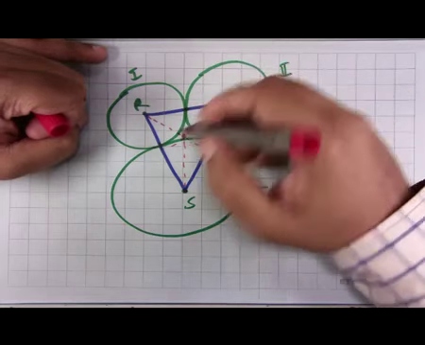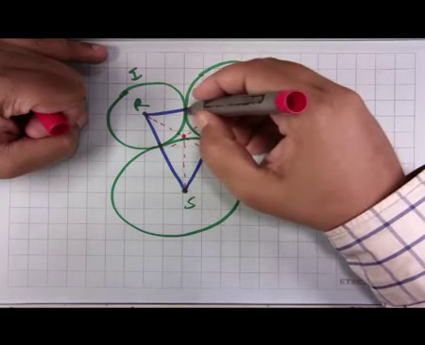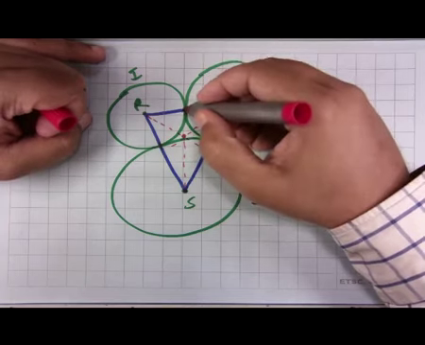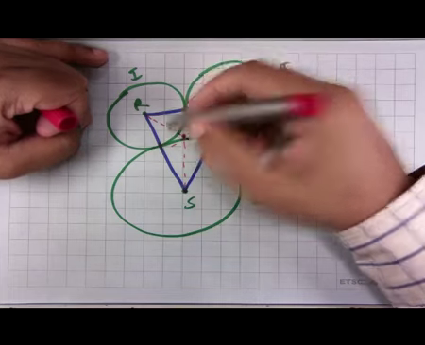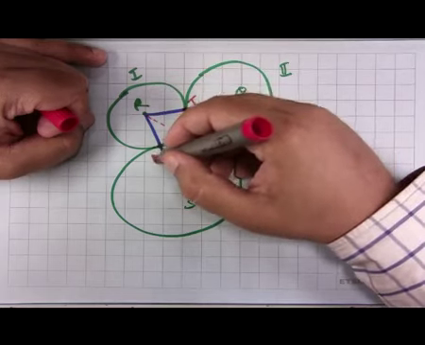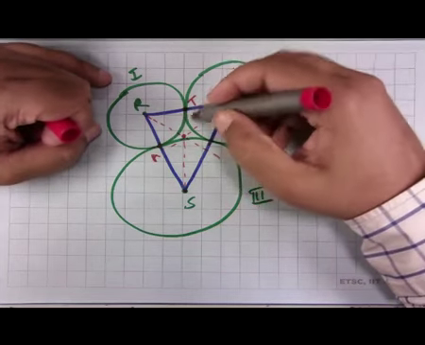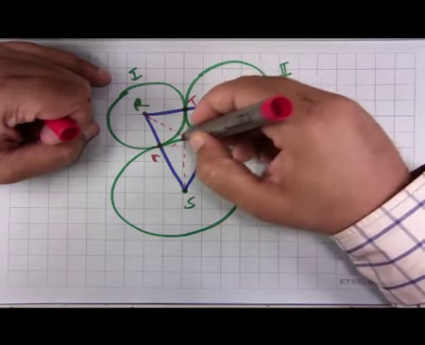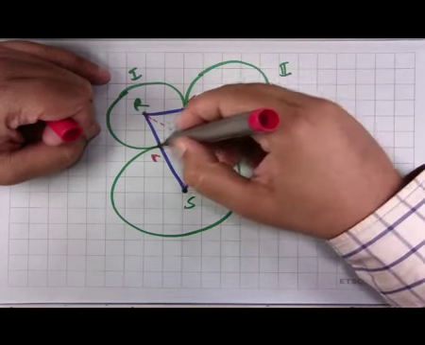Next, let us consider this triangle. Let the point of contact between circles 1 and 2 be denoted by T, and the point of contact between circles 1 and 3 be denoted by A. Let us join T to this point, which we denote by O. So we join O and T, and we also join O and A.